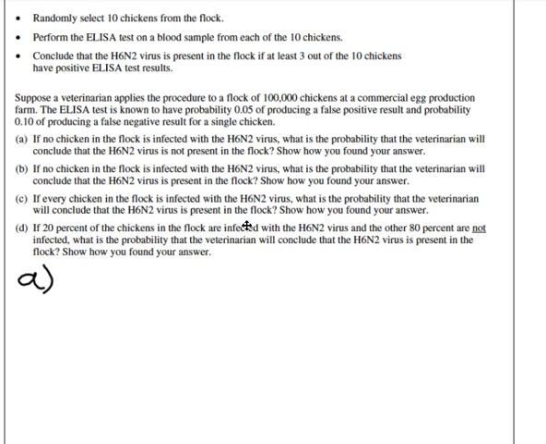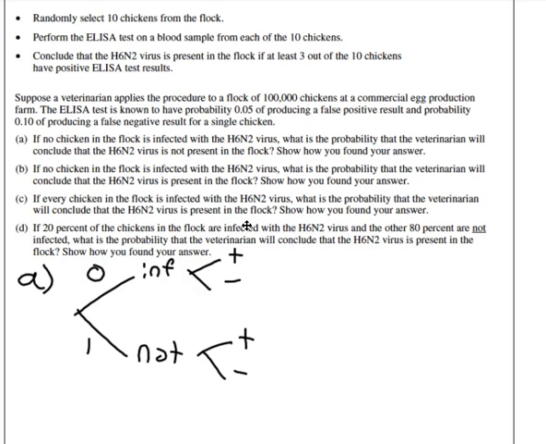They're saying no chicken in the flock is infected. So infected or not, there's a 0% chance of it being infected. They're all not infected. But then we still have the results of the test. What does the test say?